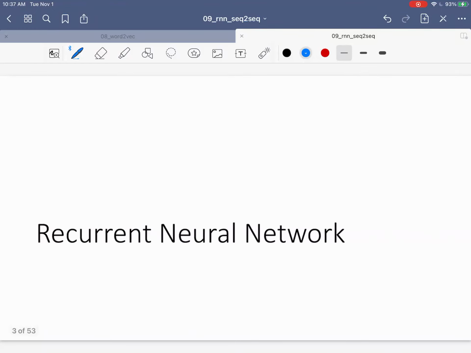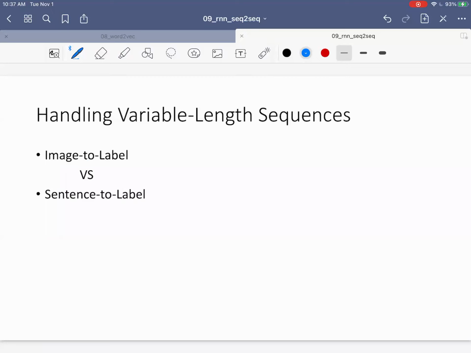Right, so recurrent neural network. The core idea of a recurrent neural network is handling variable length sequences.